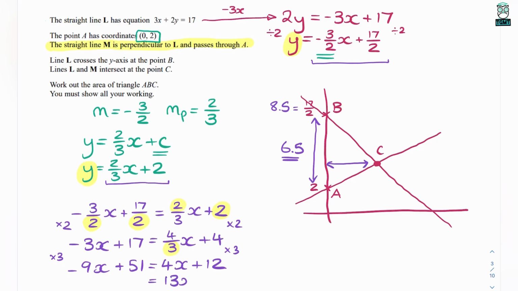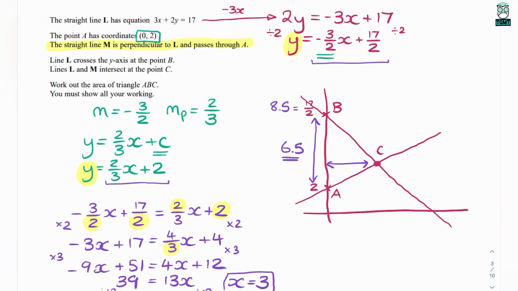I'm going to do this in one step. I'm going to also subtract 12 from the other side, and that equals 39. So there we go. That's a really nice equation to solve now, because we can just divide both sides by 13, and when I do that I get x is equal to 3. There we go, so x is equal to 3.